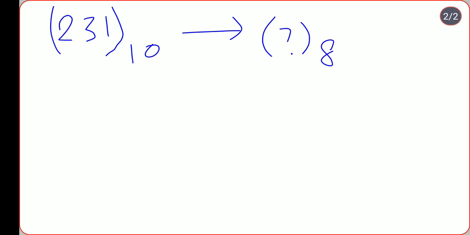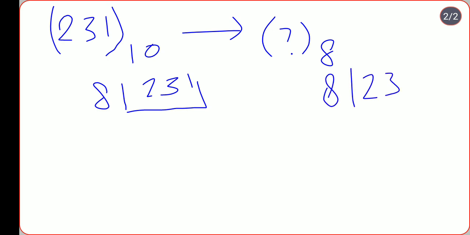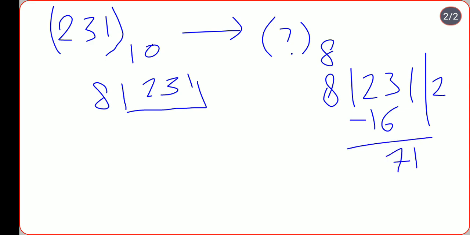So let's divide 231 by 8. 8 into 2 is 16. We are left with 7. Again, 8 into 8 is 64. We are left with 7.